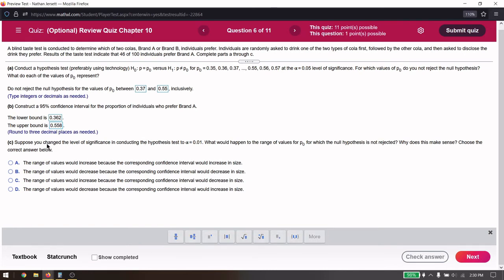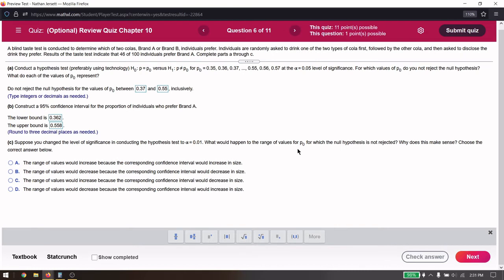All right, suppose you change the level of significance in conducting the hypothesis test to 0.01. What would happen to the range of p-values for which the null hypothesis is not rejected? Why does this make sense? So what we're doing is we're lowering the level of significance, which means there has to be even more evidence.